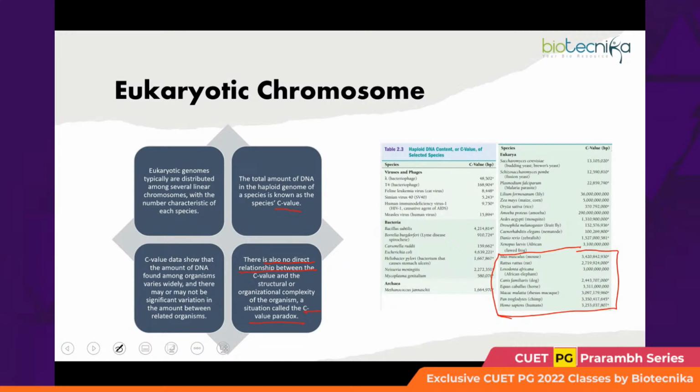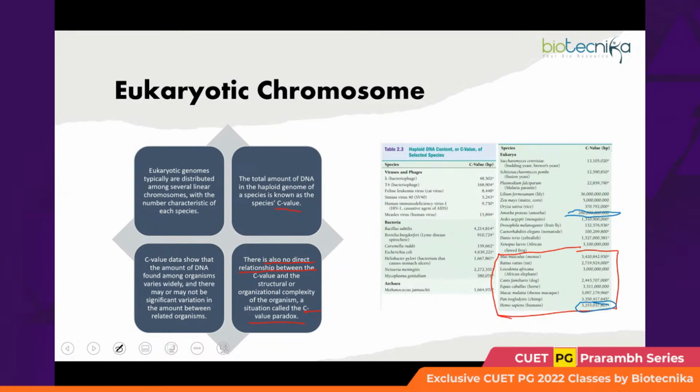For example, you have amoeba, whose C value is around 100 times more than that of humans. But complexity wise, amoeba is such a tiny, single-celled organism, whereas we humans are so complex.